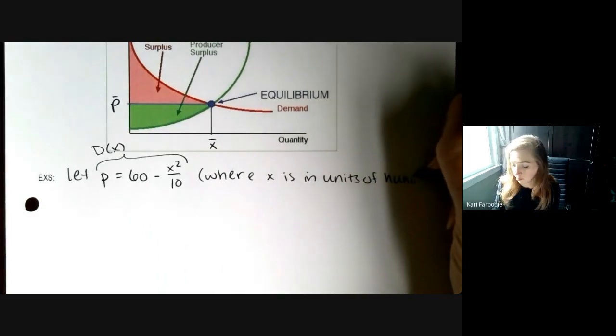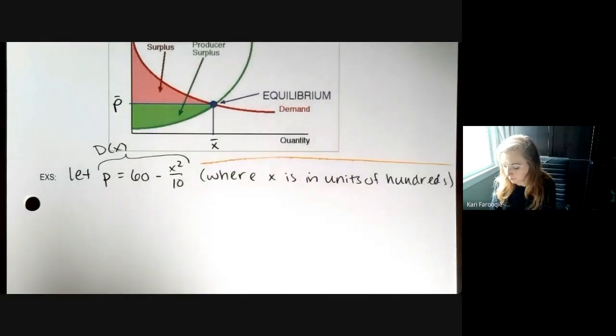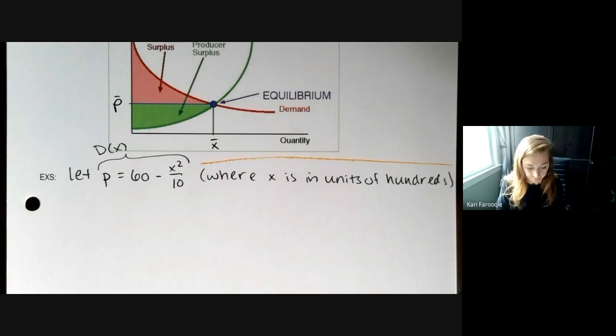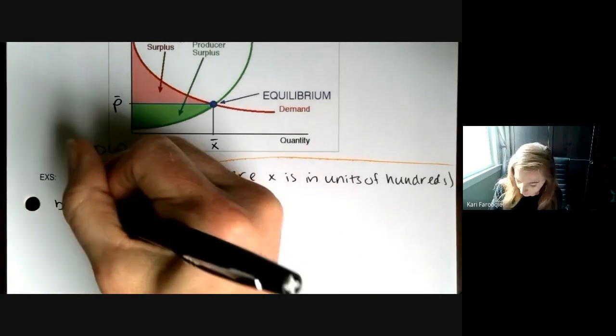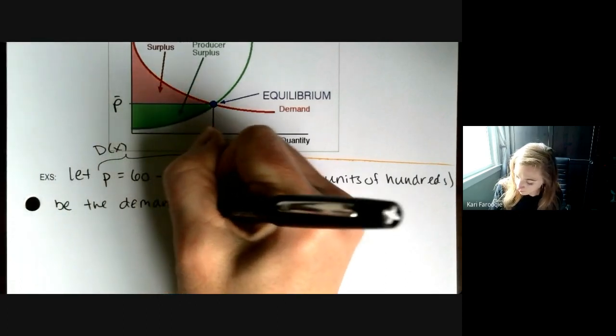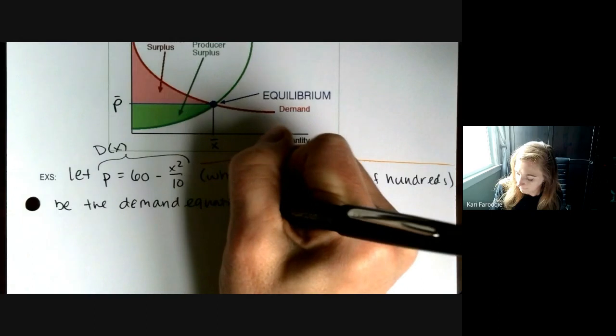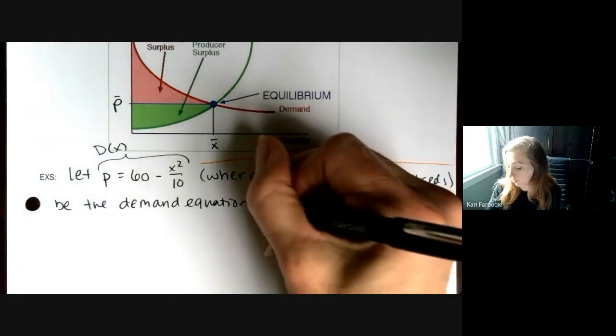So we're going to have to remember this at the end. Don't forget it. So this is going to be your demand equation. Suppose the price is set at $40.